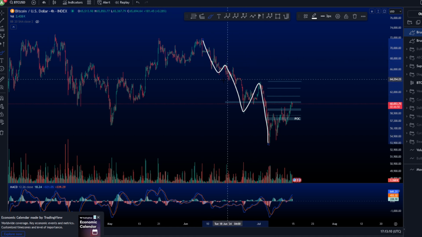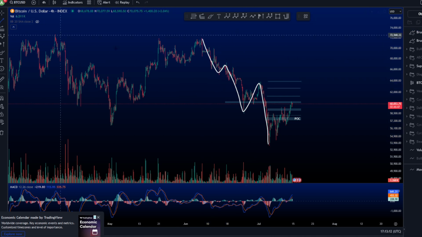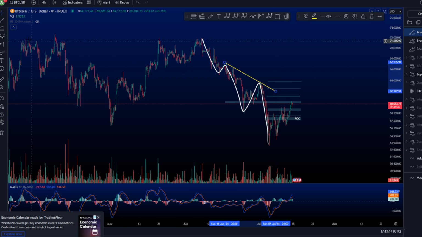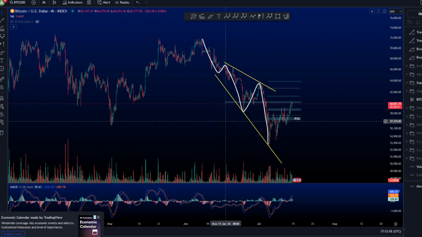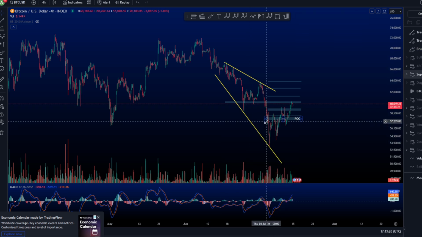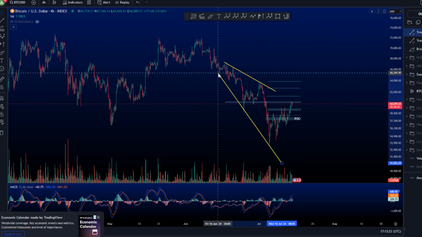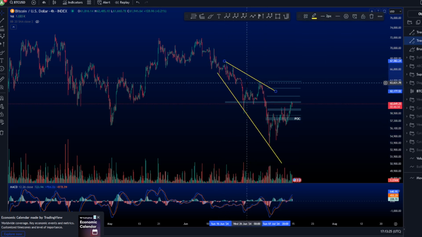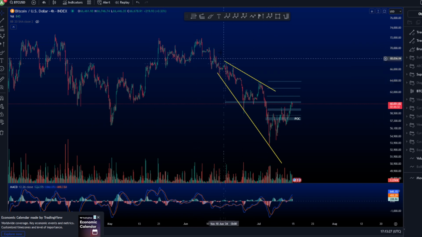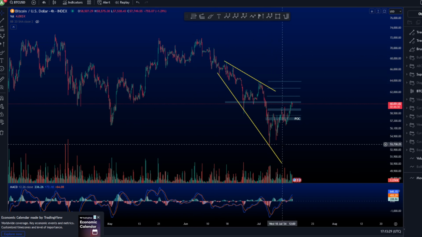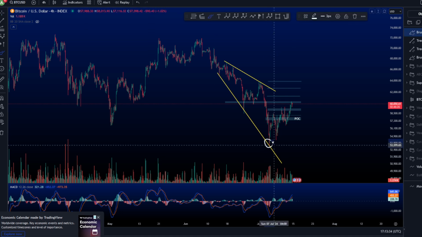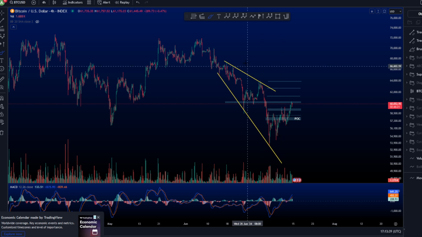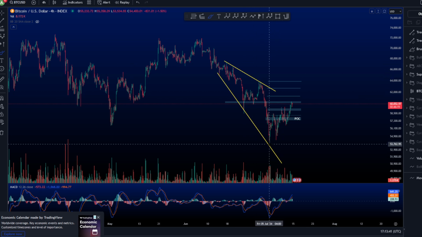It's a weird structure, which could be an expanding diagonal here, and which could be completed. So from my point of view, that might be an expanding diagonal which has completed, and we might have already bottomed at almost 53,660.